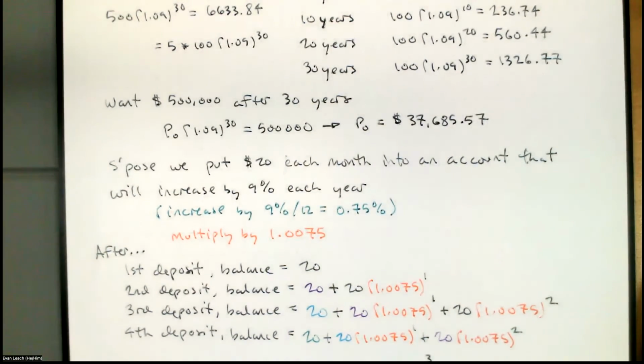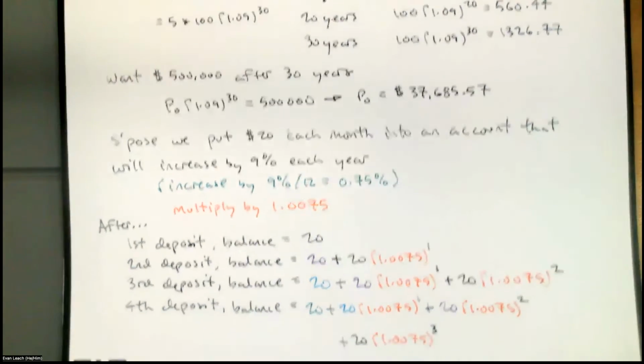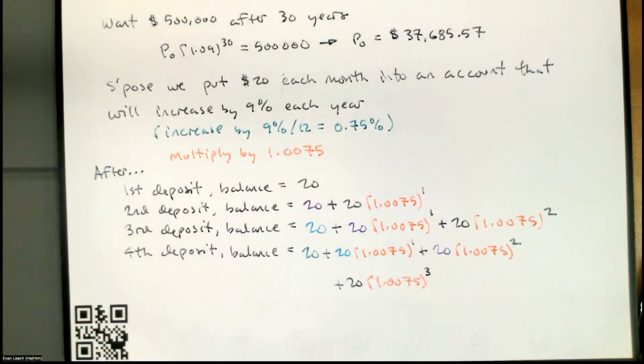Immediately after our fourth deposit, our first deposit has grown 3 times, our second deposit has grown twice, our third deposit has grown once, and our fourth deposit has grown 0 times. You can see that the balance is just ending up being a polynomial.